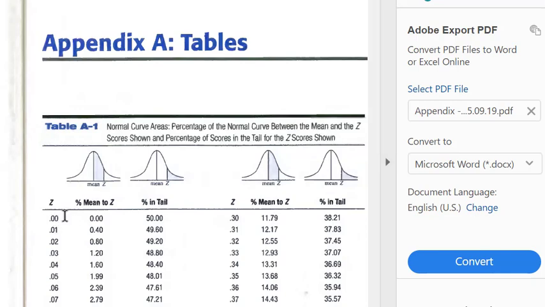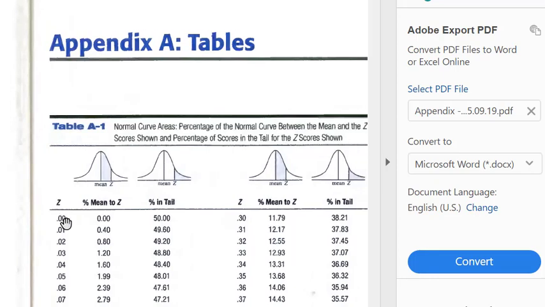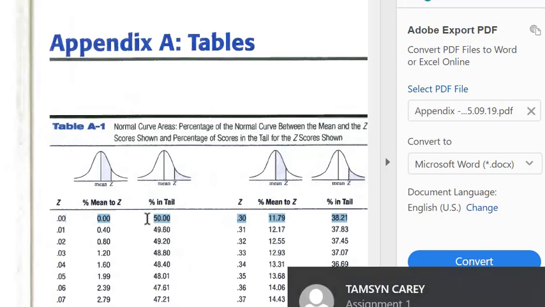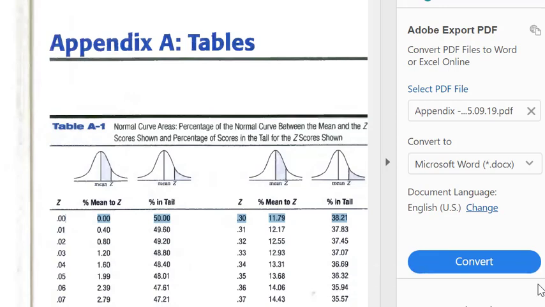So under z you look at 0 and you will see your value in here, 0, and probability to the tail is 50, so it is 50%. So you just make it, what's the probability of z greater than 0 is equal to 50%.